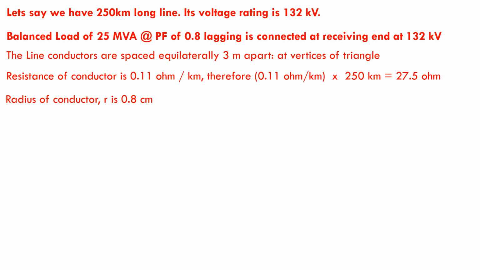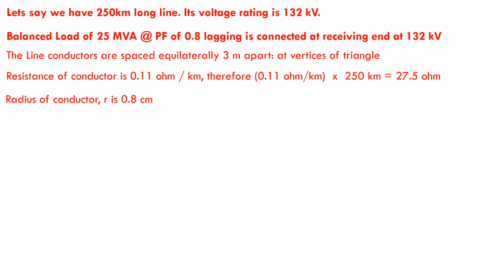We know that in a three-phase line, three line conductors are there, and these three line conductors are spaced equilaterally 3 meters apart, and the configuration is somewhat like these three conductors are placed at the three vertices of the triangle, so the distance between all these conductors is the same.